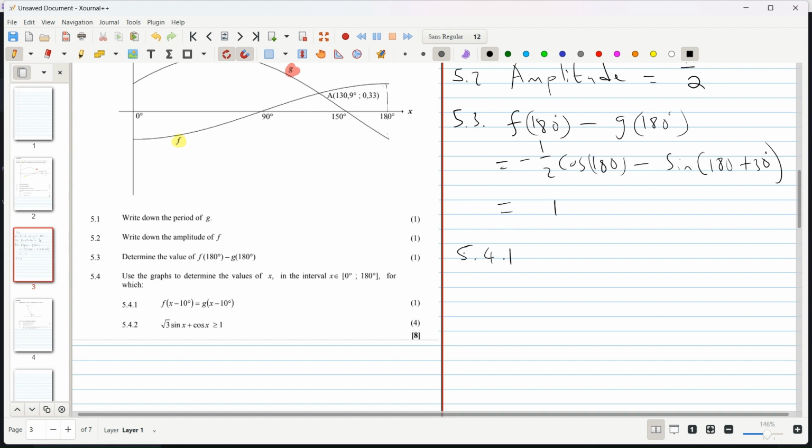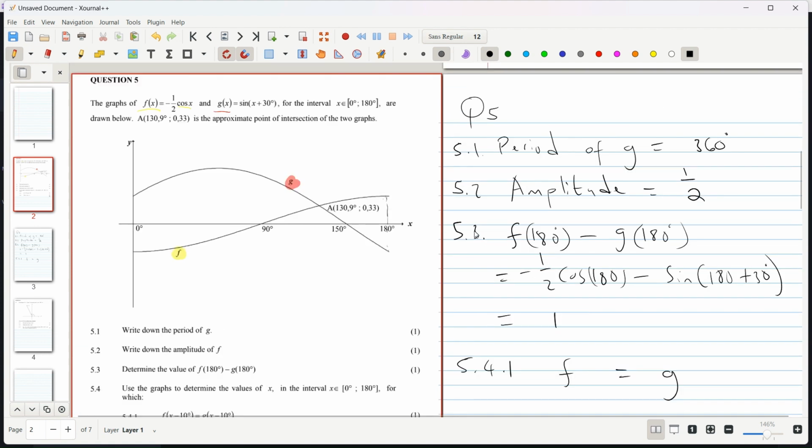So we want to see where these two graphs are equal, where f is equal to g. But we must be careful because here the graph is shifting to the right by 10 degrees. It's also shifting to the right here by 10 degrees.